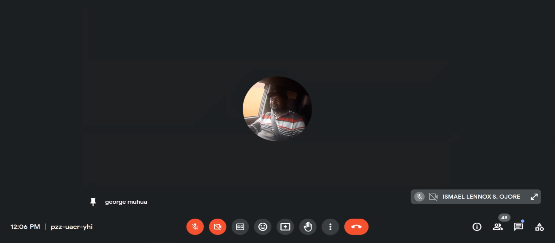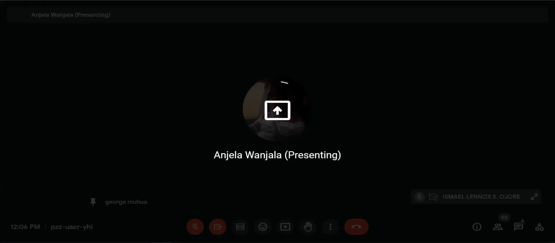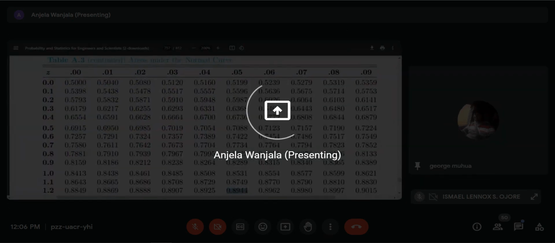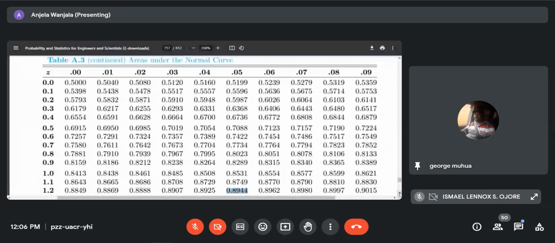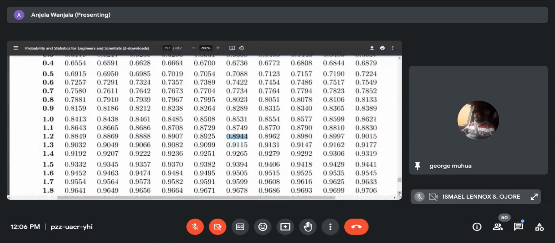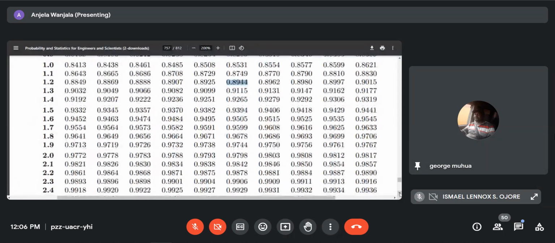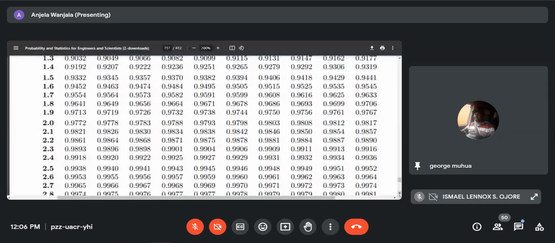So let me share the tables. I want from the class someone to tell me the value of 2.75 from the table. So you go down for the Z values where you have 2.7, it's here.